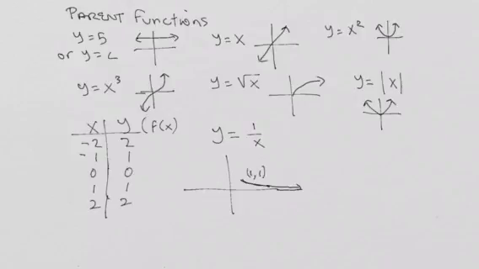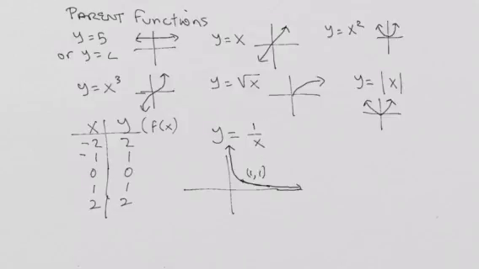And then as I let x get less than 1, but still positive, I get y equals 1 over 10 and 1 over 100 and 1 over 1,000. And that makes y get bigger and bigger and bigger.